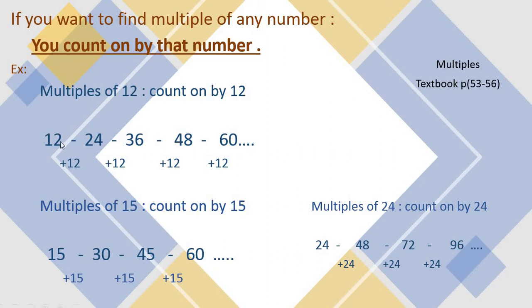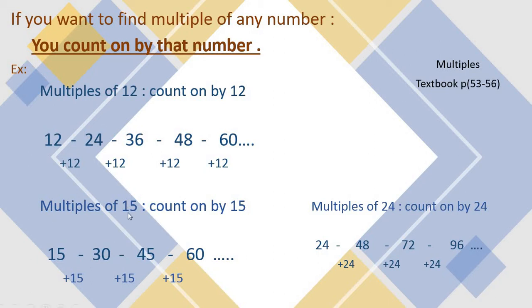So I am counting how many steps? 1, 2, 3, 4, and 5. Each time I multiply this number, 12, with another number, I repeat it that many times. I add the same number each time, I count on by this number.